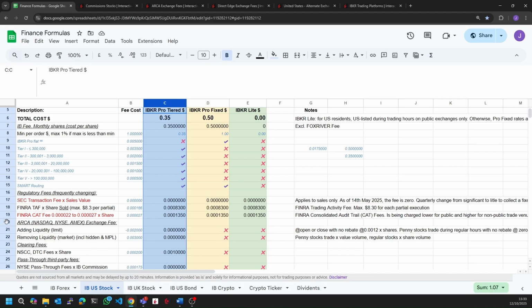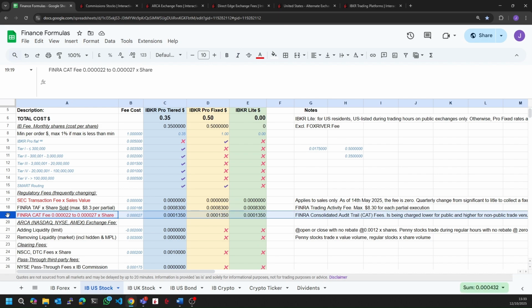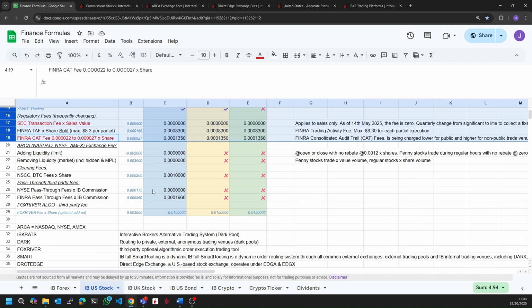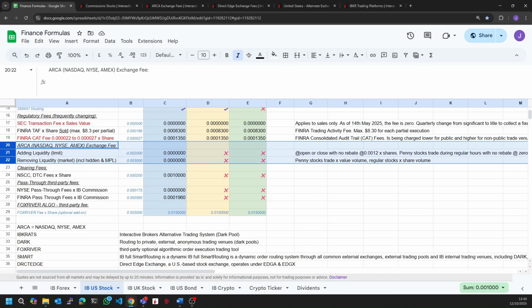And also, just to understand, until now you will always pay. But starting from here with the public exchanges, actually, it depends how your trade will be routed. So you will pay this fee only if it is routed through the public exchange.